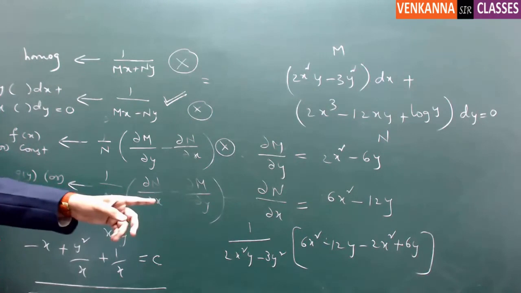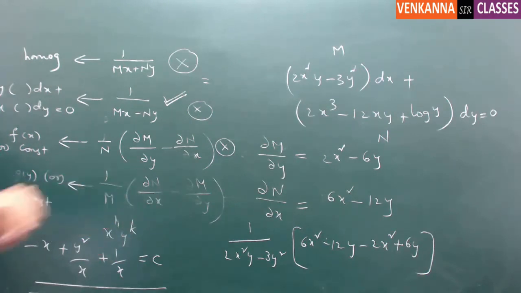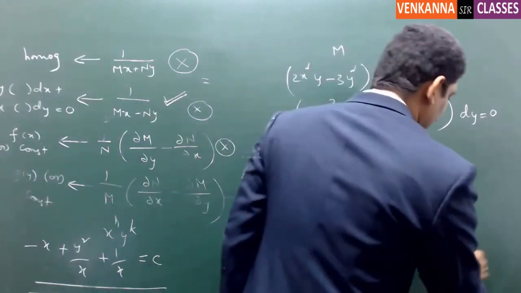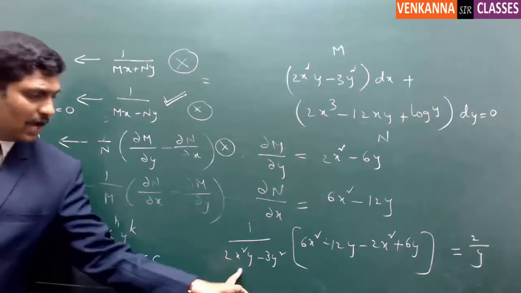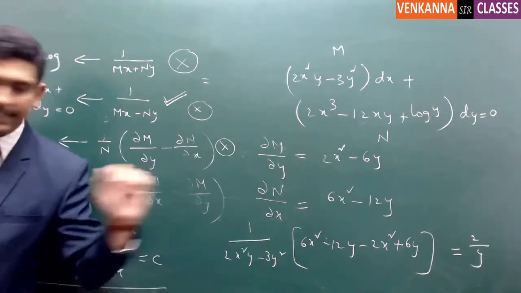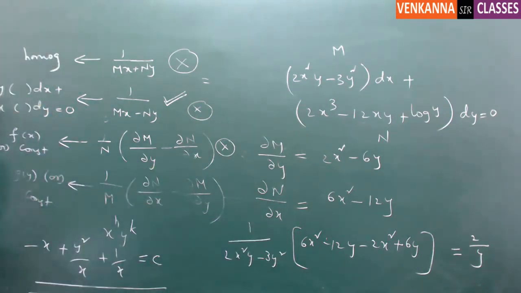Terms get simplified, and on simplification the value is 2 by y. Here you can take y common, and the other things get cancelled. Okay? Please check on that. After that you give me your reply, then I proceed further. Is everyone clear with that function, 2 by y, how it came?